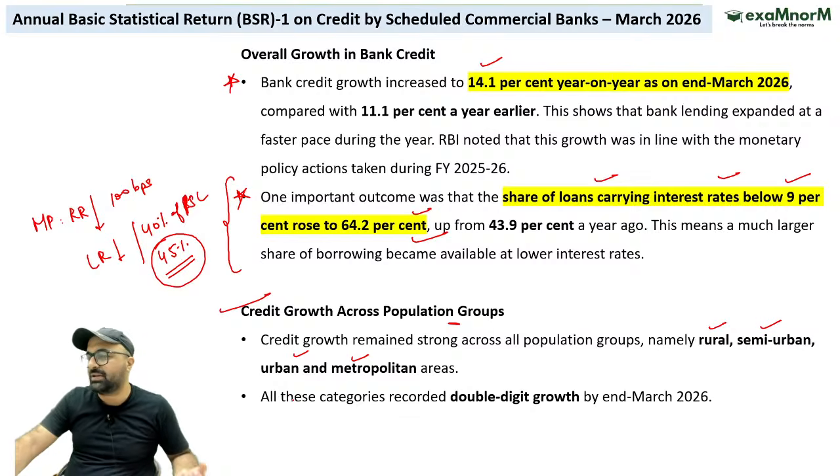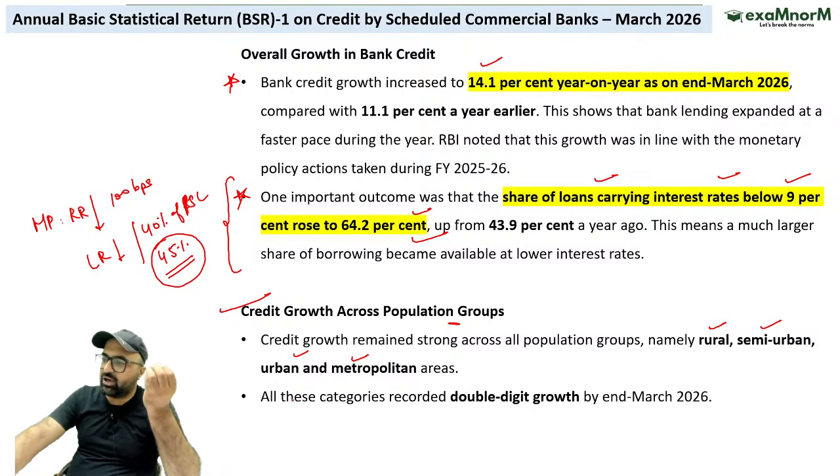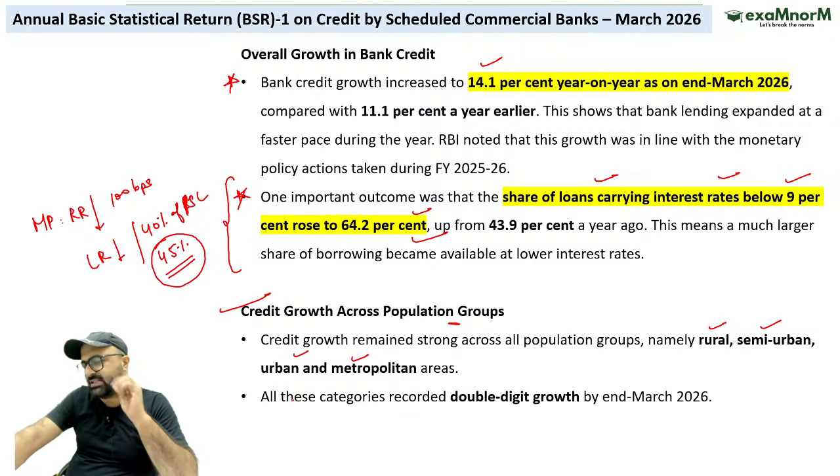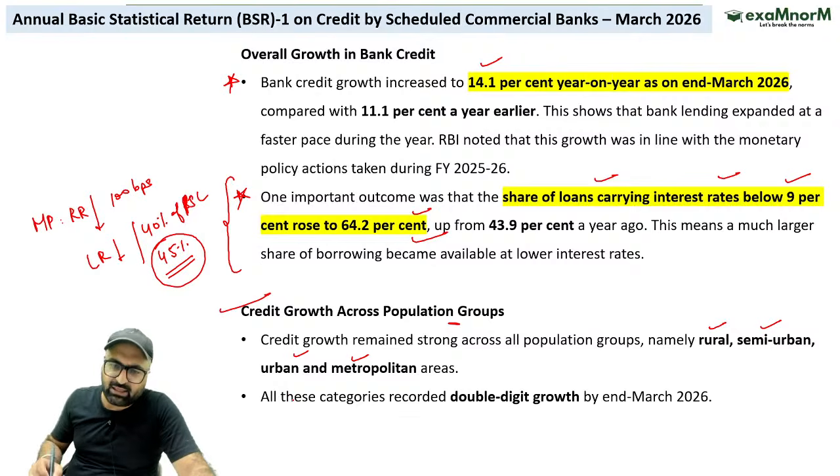The categorization is done on the basis of population itself. You need to remember, if the population is up to 10,000, it is rural. If the population of the area is 10,000 to 1 lakh, it is semi-urban. If the population is 1 lakh to 10 lakh, it is urban. And if the population is greater than 10 lakhs, then it is metropolitan.